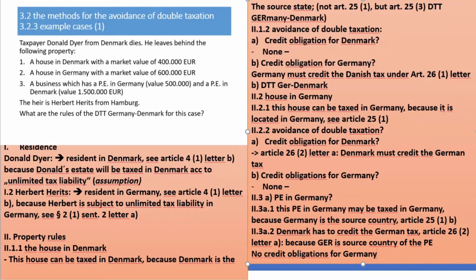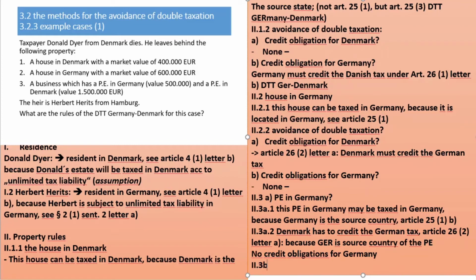Now we have to think about the PE in Denmark. And the rule is, first, Denmark is the source country, and Denmark can tax under Article 25.3.